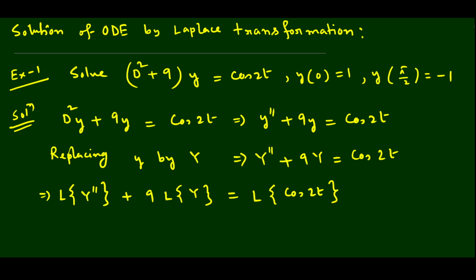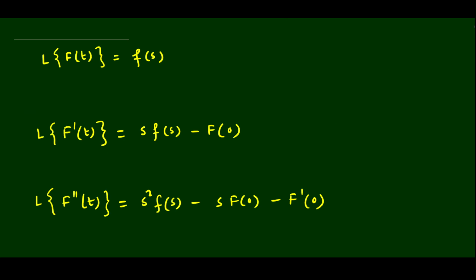Now we have to use a formula. We all know that Laplace transformation of f of t is denoted by small f of s. But in this particular problem, it is not capital F, we have taken capital Y. So Laplace transformation of capital Y, in place of small f of s, we are going to denote by small y.